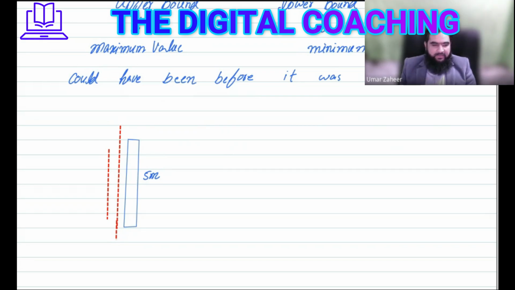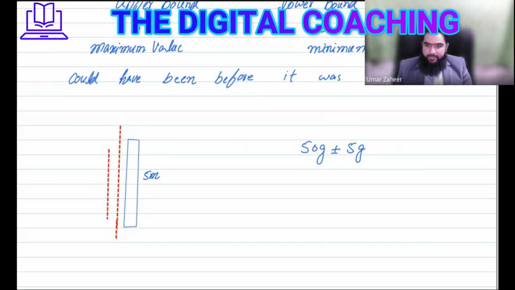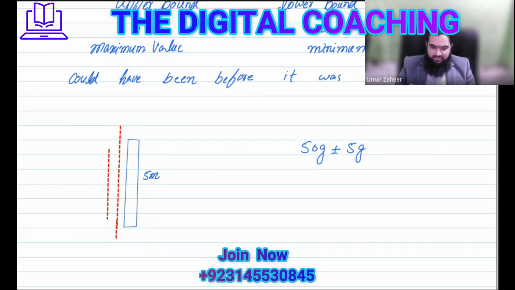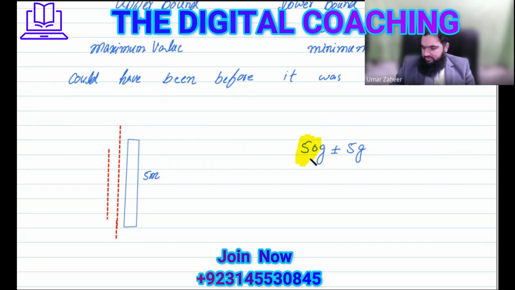For example, if you go to the market and purchase some chips, on the chips it is going to be written as 50 grams plus minus 5 grams, right? This value must be mentioned on that thing in a different way, or sometimes mostly in this way.